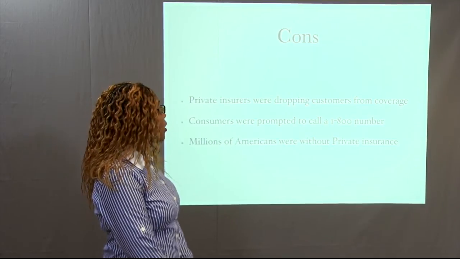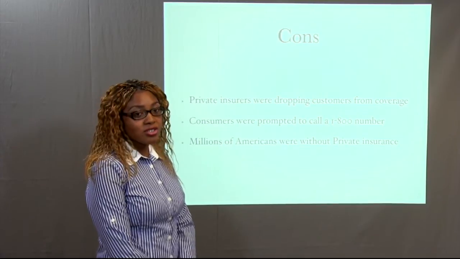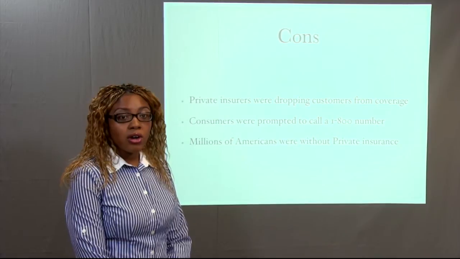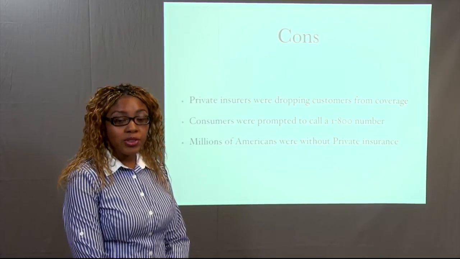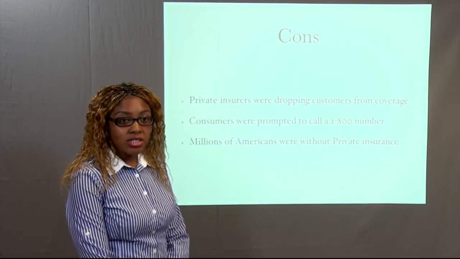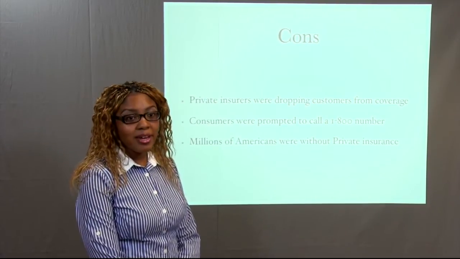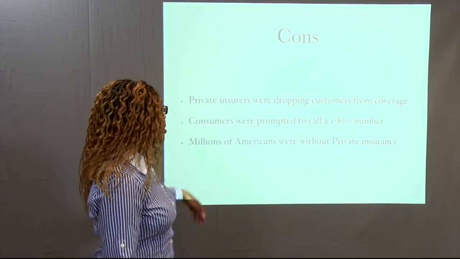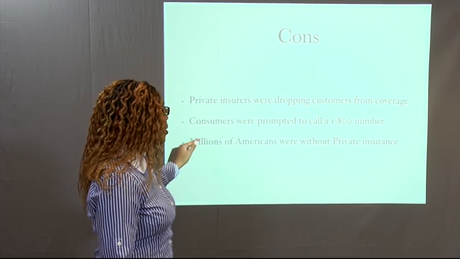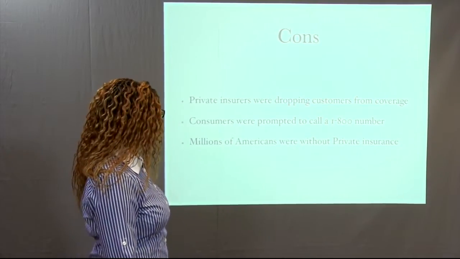The cons are that private insurers were dropping consumers from their coverage. As I previously stated, these insurance companies were held at ransom to provide you with quality care, regardless of any pre-existing conditions. Unfortunately, when this theoretical idea was put into play, consumers were being dropped from their current insurance company, and they were prompted to call a 1-800 number upon accessing care from the healthcare.gov website.